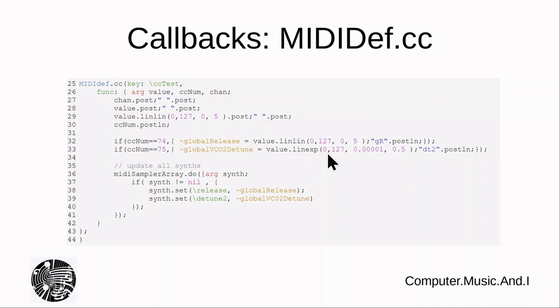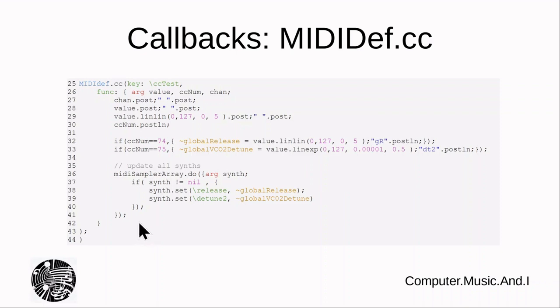And I'm mapping the value for the detune from 0 to 127 to 0 to almost 0.5. But I'm not doing this in a linear fashion, but in an exponential fashion, because then I get more control in the finer values. And then I also print out DT, Q, and GR to give me some visual feedback that I actually turned the knob.